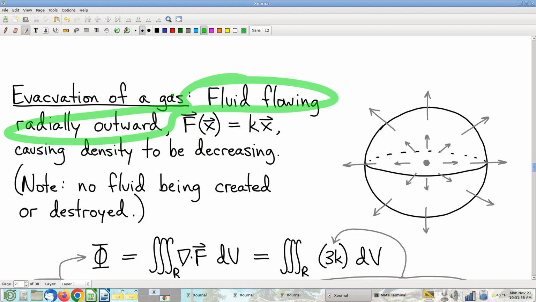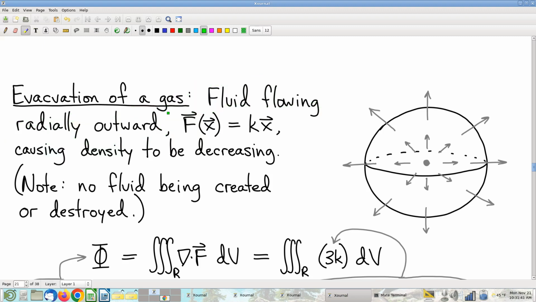And I claim that this is what the vector field would look like, representing that flow. And that's what we have pictured here. It's a little counterintuitive. It's tempting to say, isn't all the gas doing the same thing? Not quite. Because the gas in the middle is expanding. Yeah, sure.